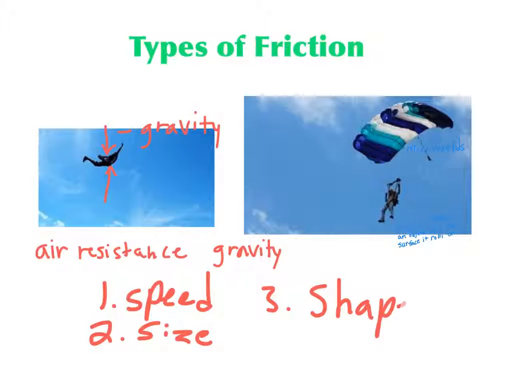So what a parachute does is it has a lot bigger size, and it has a shape that helps it fall more slowly as compared to this person over here. And that's all we have for notes here, but we're going to do a few example problems together. We're going to do 3, and then you're going to do the last 2, numbers 4 and 5, by yourself.